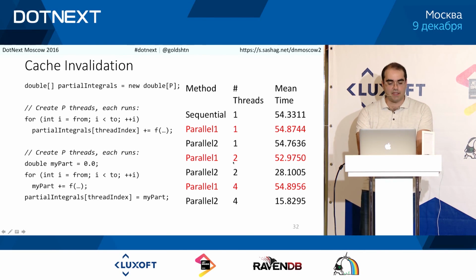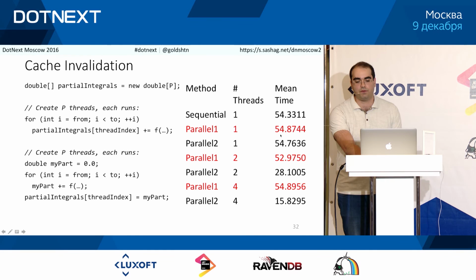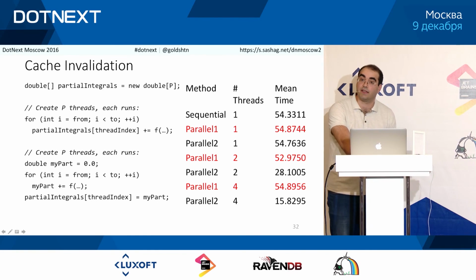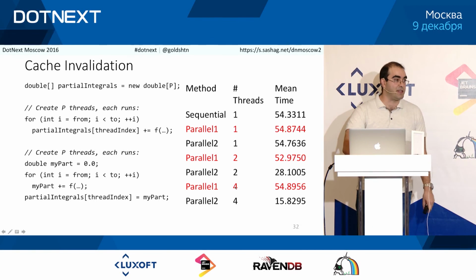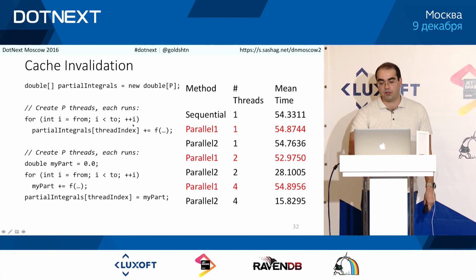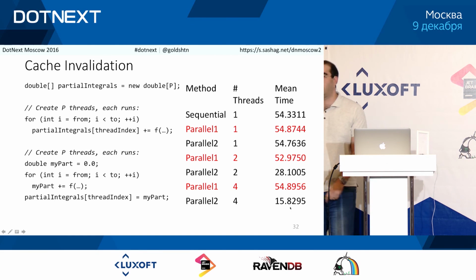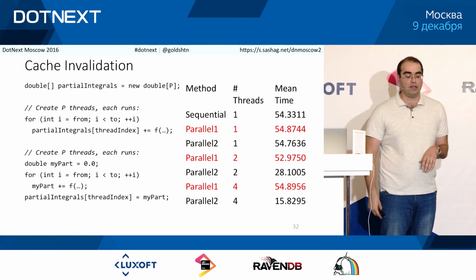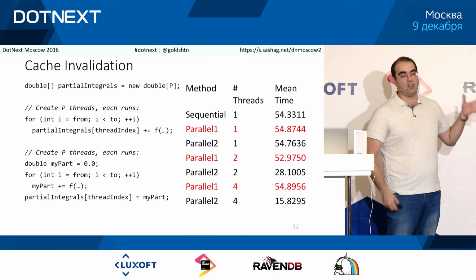When you have 2 threads, then the first function here is just a tiny bit faster than when there was just one thread, whereas the second version is almost twice as fast. When you have 4 threads, this first version here becomes slower than when you have 2 threads, and the second version here becomes again almost twice as fast. So the second version is actually capable of parallelizing, and the first is not.